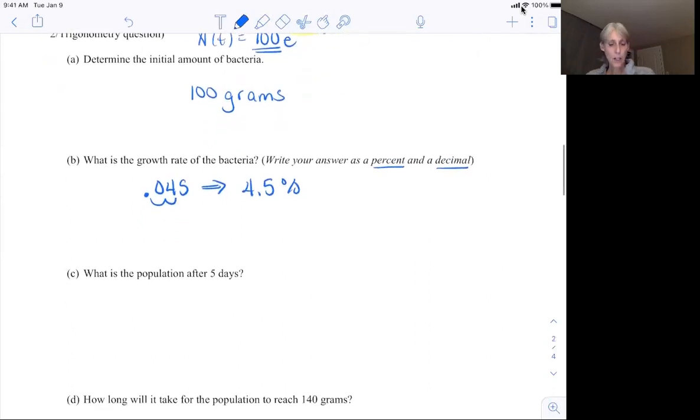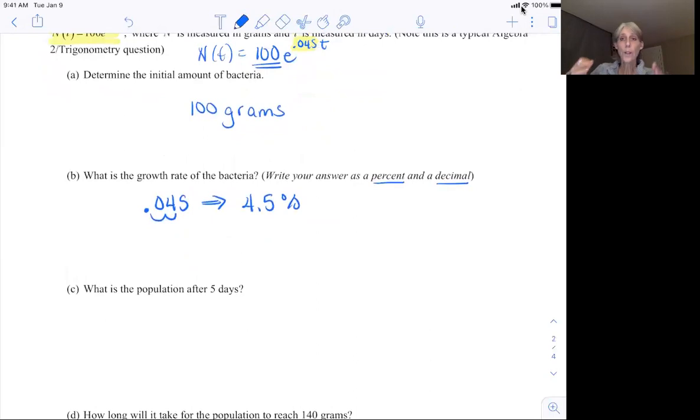What is the population after 5 days? If we were using function notation, we want to know n of 5. We want to know how much we're going to have after 5 days. So we're plugging 5 in for t.